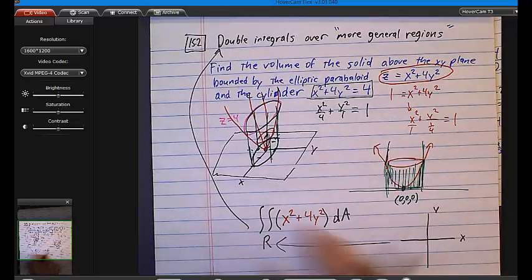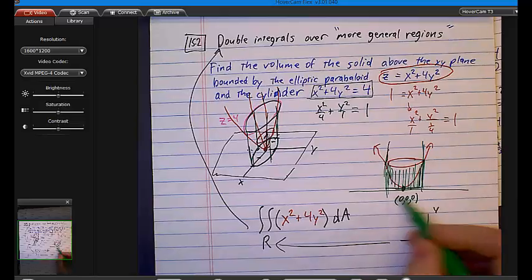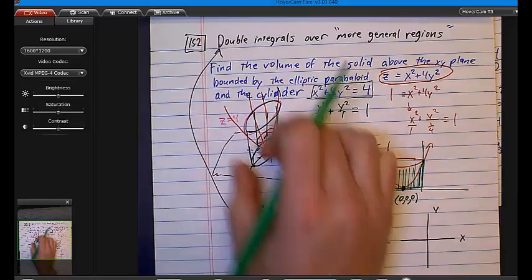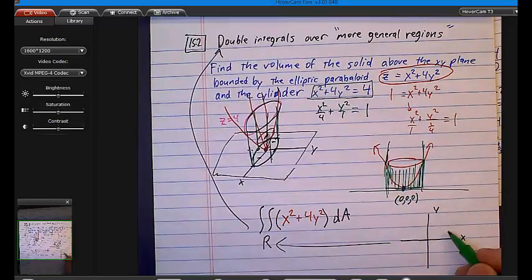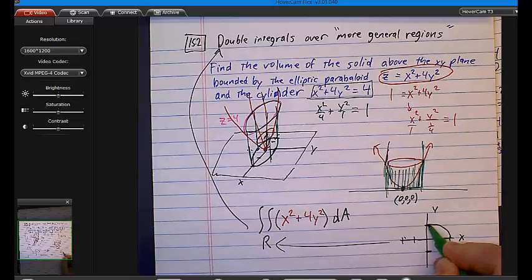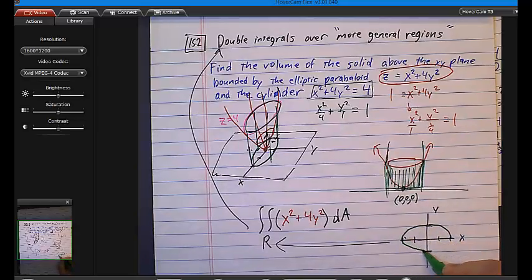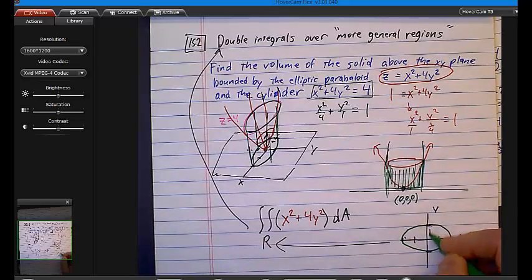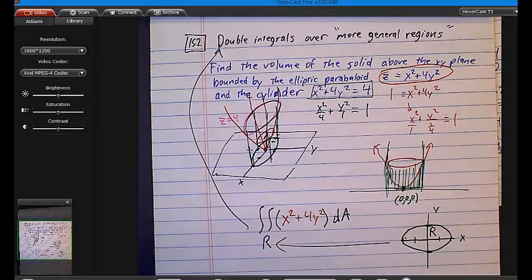R is the region in the plane which is the shadow of this. So it's the boundary. Again, it went out 2 in each direction, and it went 1 along the y-axis. And so this ellipse is my region R. Does that make sense to you guys?